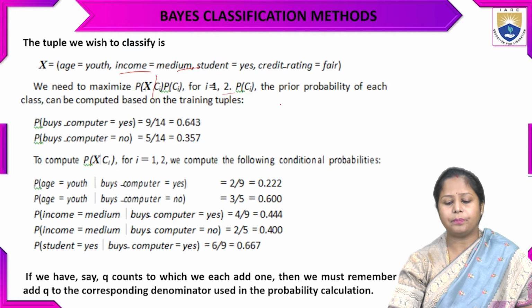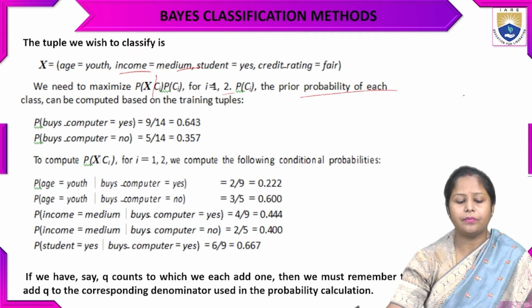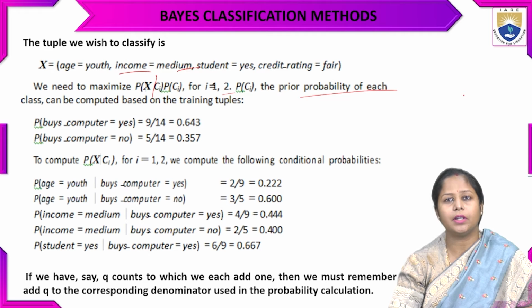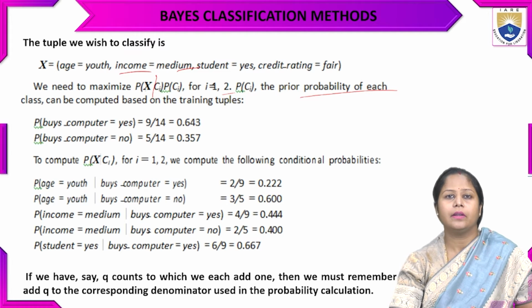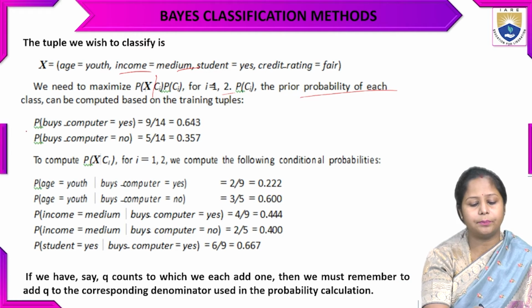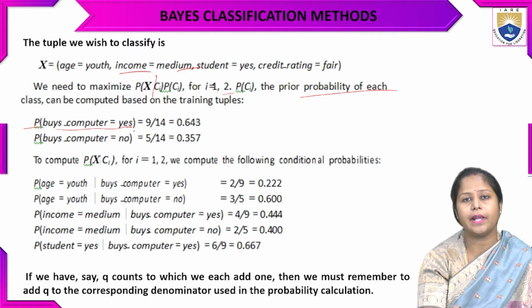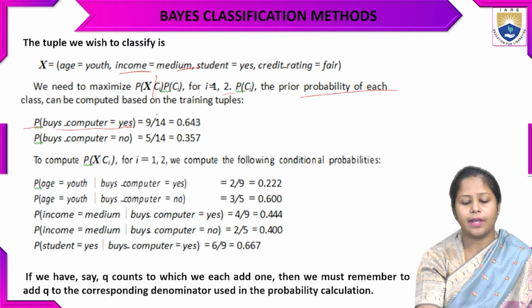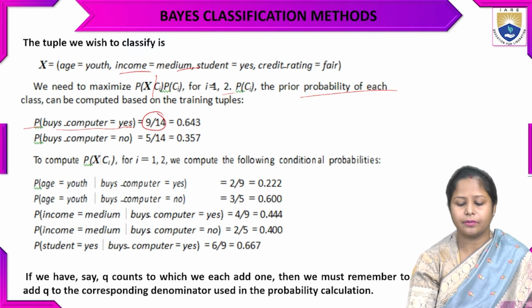So P(Ci), the prior probability of each class, can be computed based on the training tuples. Here we calculate P(buys computer equals yes), which will be 9 upon 14.